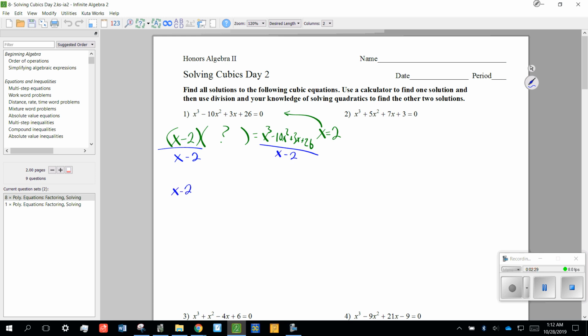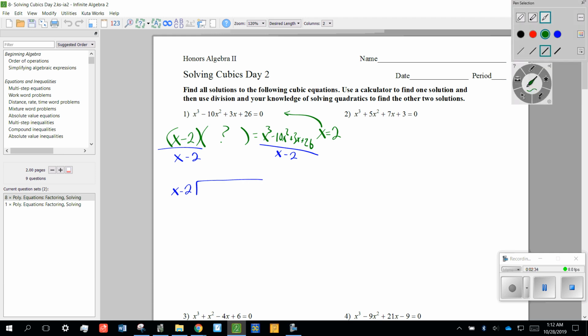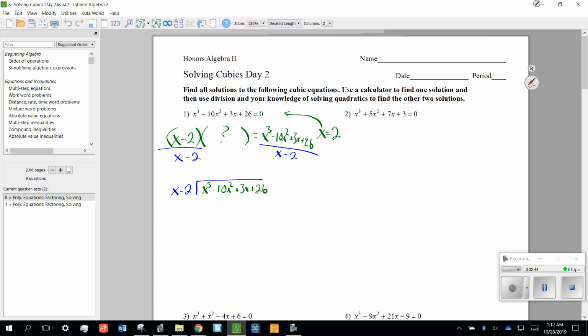So let's do that with long division. How many times will x go into x cubed? We'd have to multiply x by x squared to get x cubed. So x squared times x is x cubed.